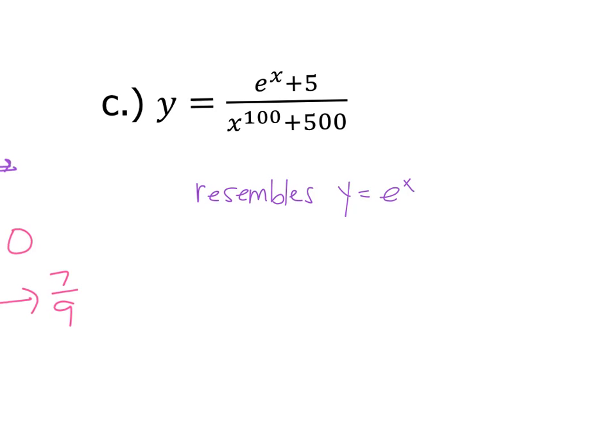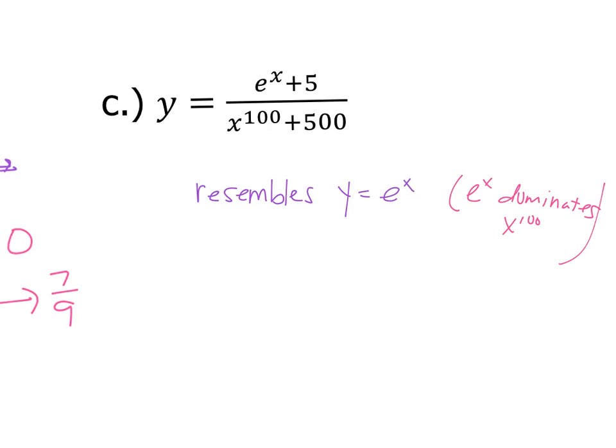And the reason for that, again, is because e to the x dominates x to the 100th, okay? That exponential, remember, is going to outrun the power.